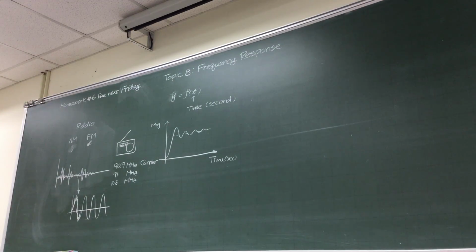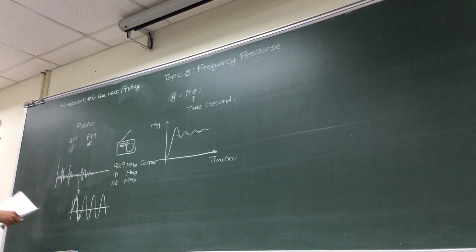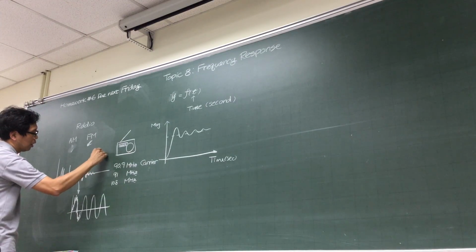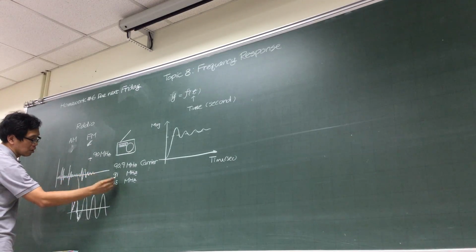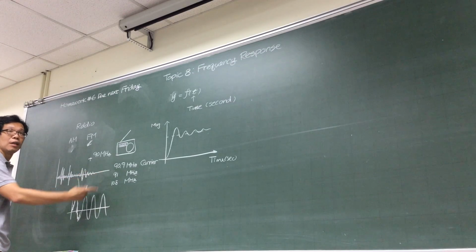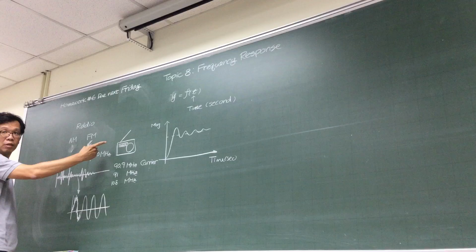So it is actually modulated. So this is plus 90 megahertz, and this is adding another frequency to this thing. Add them together, it becomes the signal our radio is actually receiving.